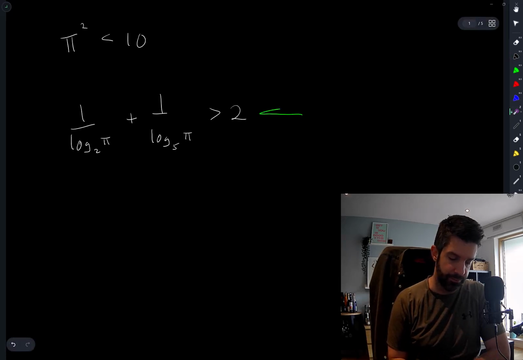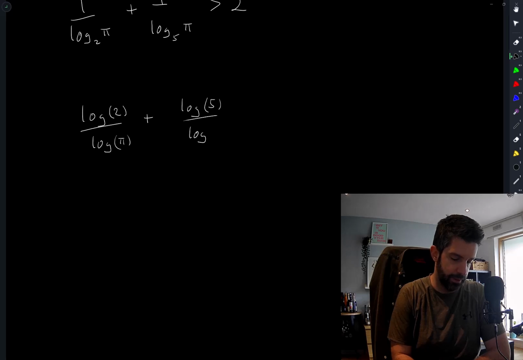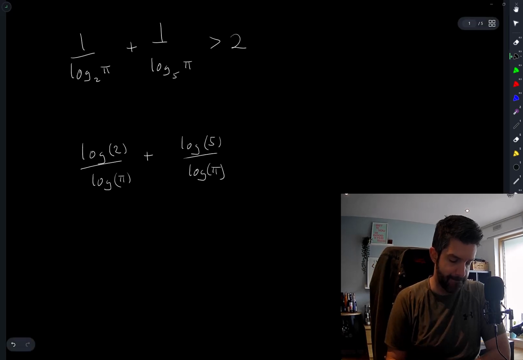So I don't see exactly the entire path to take here, but I'm going to start by manipulating this and writing it like this: log of 2 divided by log of pi plus log of 5 divided by log of pi. So this is equivalent. If I prove this, it's equivalent.